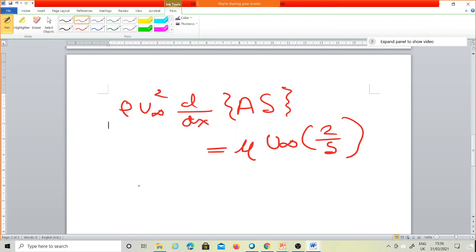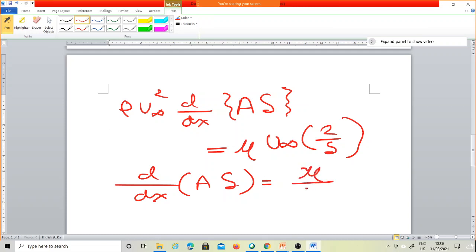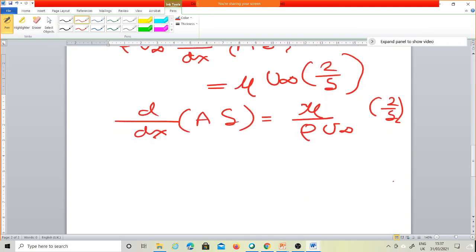So this one you just shuffle it. I just consider d by dx. In this case you have capital A, for an example some constant value, times delta, should be equal to mu by rho. Then you have u infinity will cancel out, and you will have u infinity here. And then you have 2 by delta in this way.